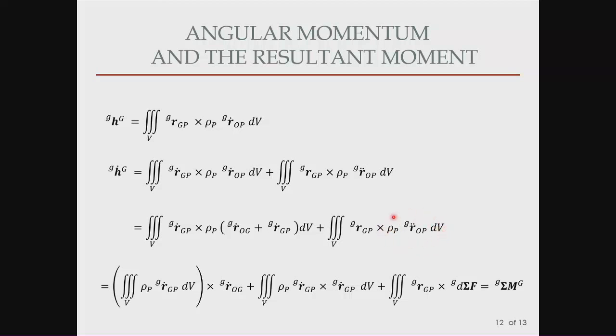So this is the sum of forces on point P, and then cross with the vector from G to P. That would be the moment on point P relative to point G. Maybe I'll bring it back here.